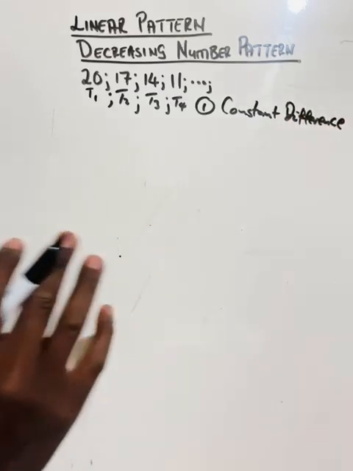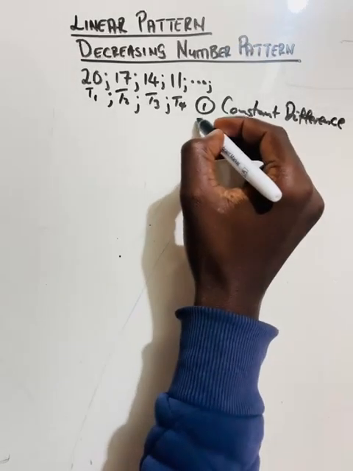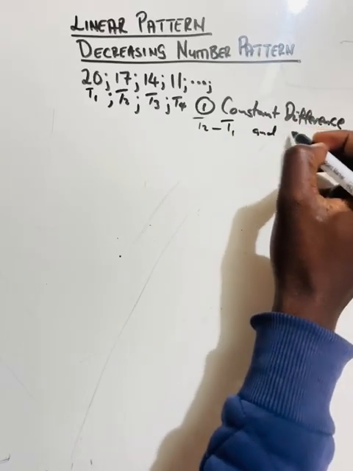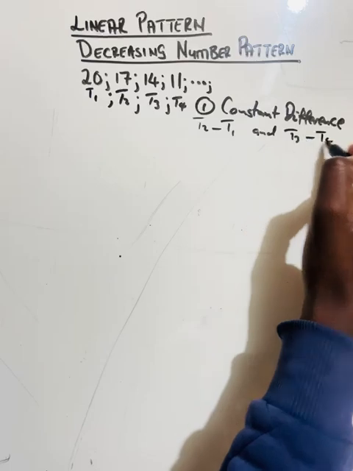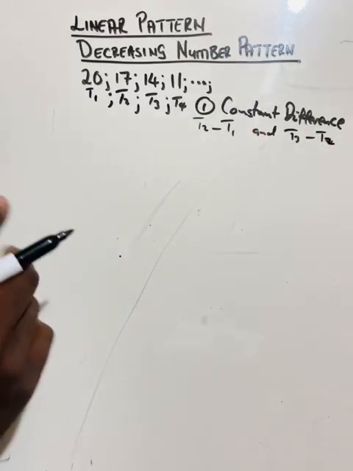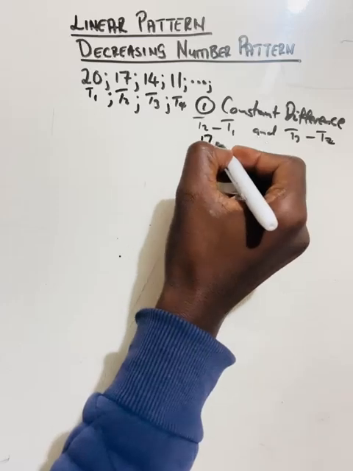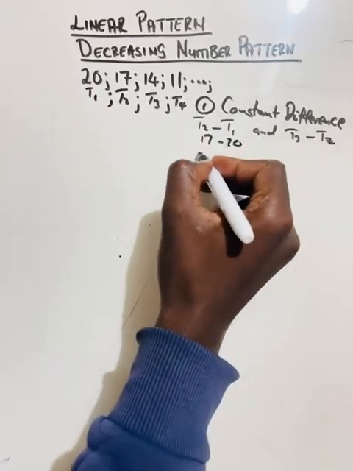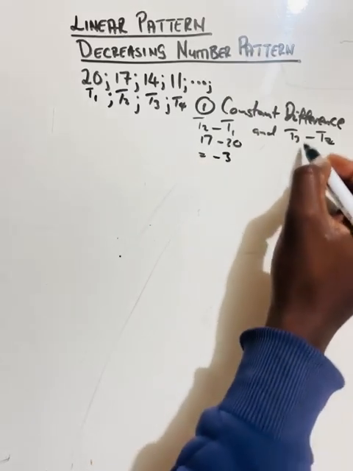And we said that in order to find a constant difference, we use the formula where we say term number 2 minus term number 1, and term number 3 minus term number 2. So what is term number 2? Our second term is 17. So we're saying 17 minus term number 1, which is 20. And 17 minus 20 is equal to negative 3.